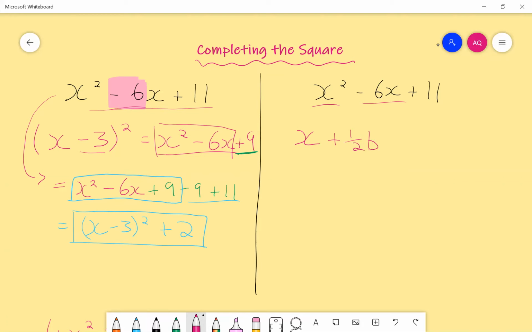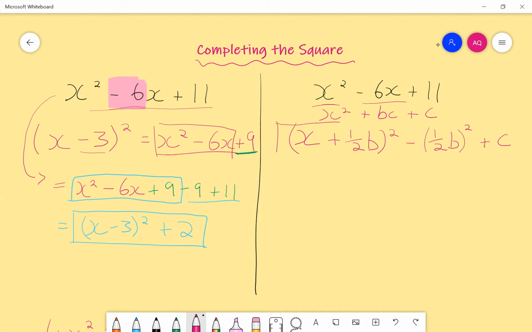If I call that b, so if I look at a general case of x squared plus bx plus c, it will always be x plus half b, squared, and then we would have to subtract the square of half b, and then we'll just have our plus c in the end.